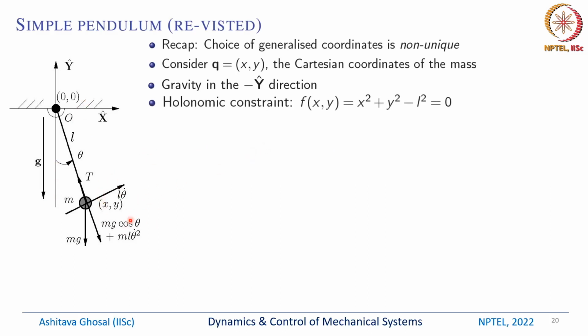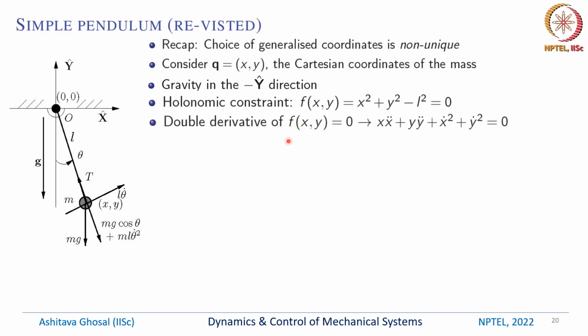But if you choose x, y as your generalized coordinates, then inherently there is a constraint, which is that the distance of this point x, y from the origin is governed by x squared plus y squared minus L squared equal to 0. L is the length, this length here.